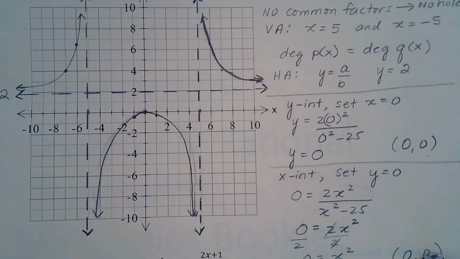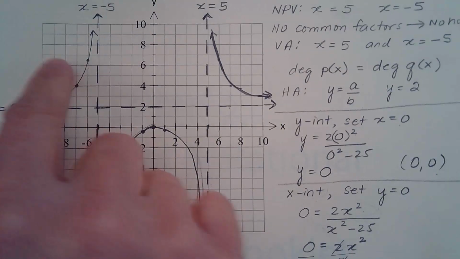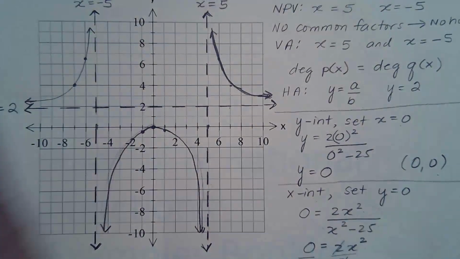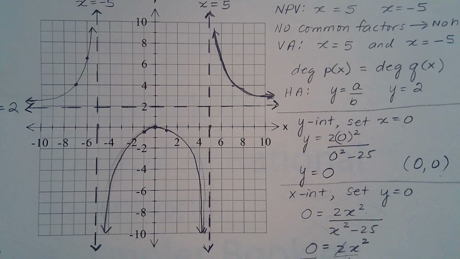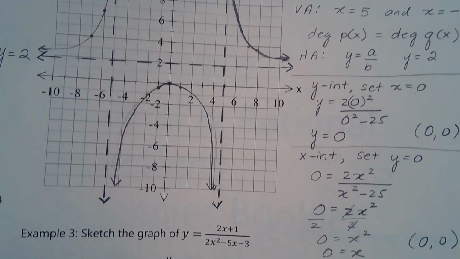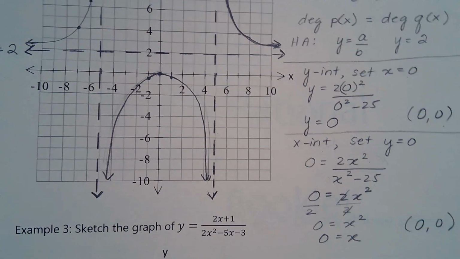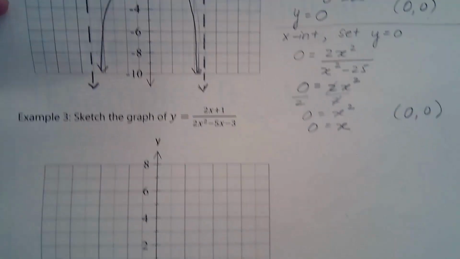So the question is, how do I know how many pieces are in this graph? Depending on your asymptote. Yeah, you're all good. Okay. That's example number 2, where there are lots of things going on.